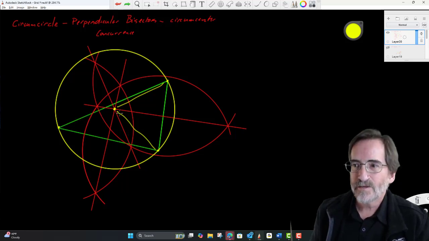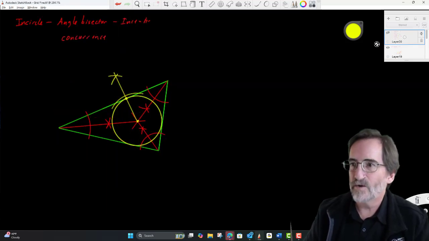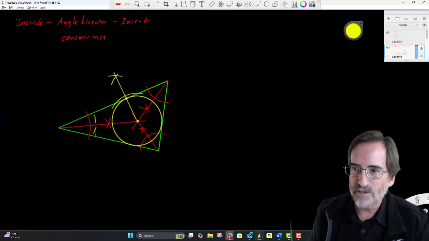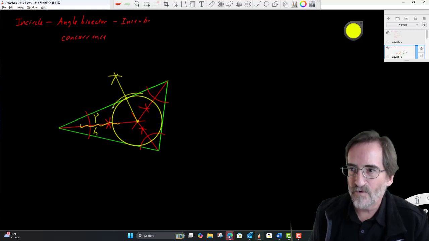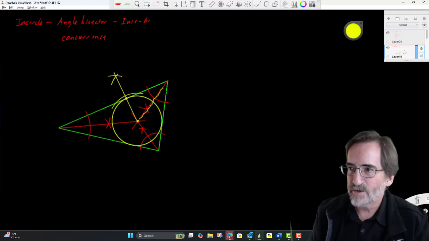Okay? The same sort of argument works for the in-center. So let's go there. You may recall the rule that says for an angle bisector, every point on the angle bisector is equidistant from the sides. So all the points on this red line are equidistant from these two sides. All the points on this angle bisector are equidistant from the sides.